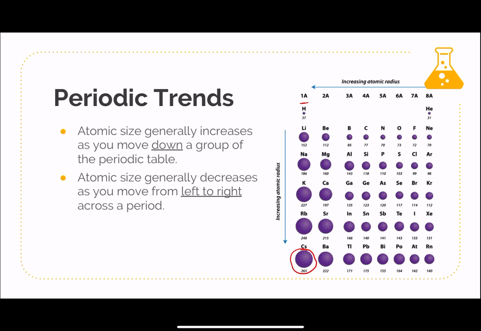Now these trends do not include the lanthanide and actinide series, which are those two offset rows at the very bottom of the periodic table. These just include those in the main part of the periodic table.